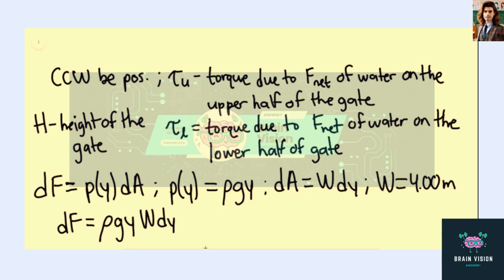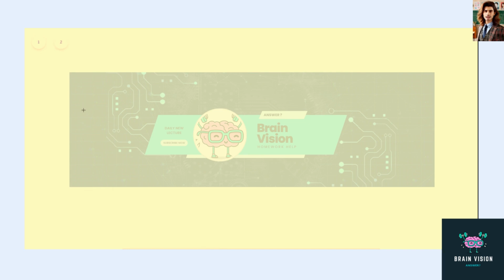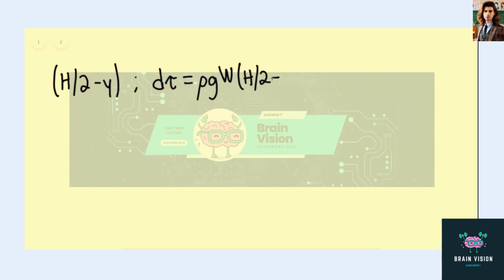The moment arm is going to be h over 2 minus y. And so the torque d tau would equal the density times gravity times the width, times h over 2 minus y, multiplied by y dy.